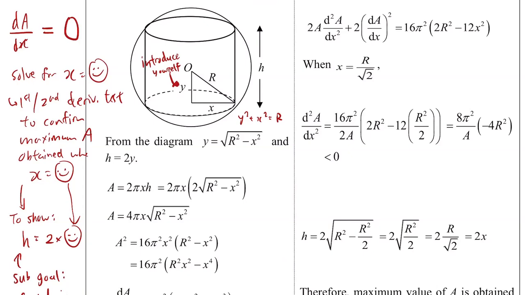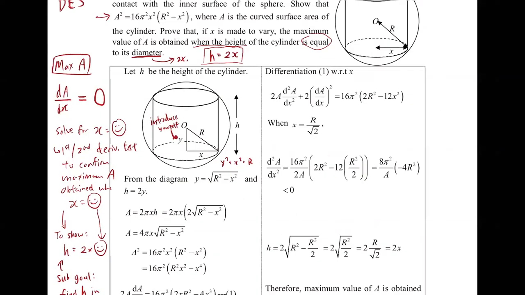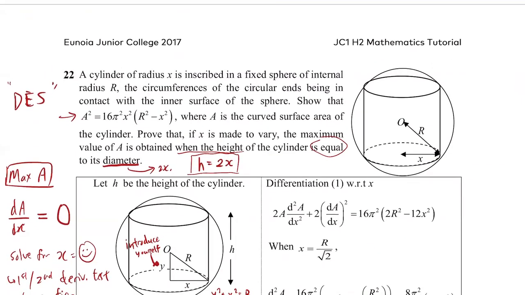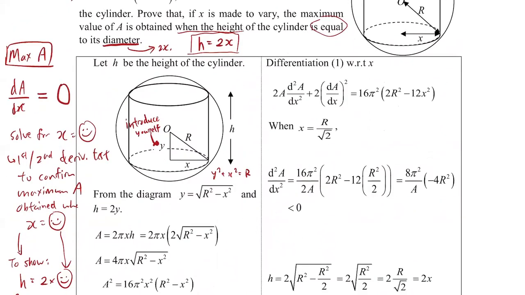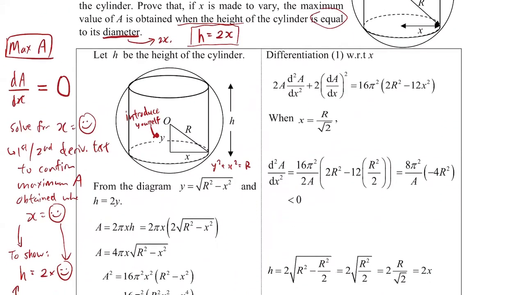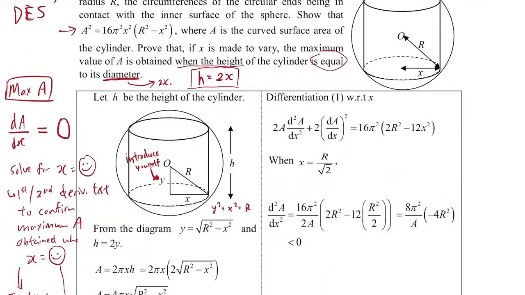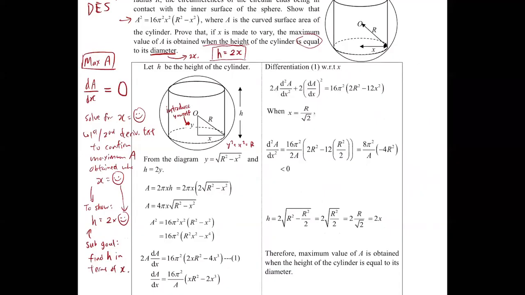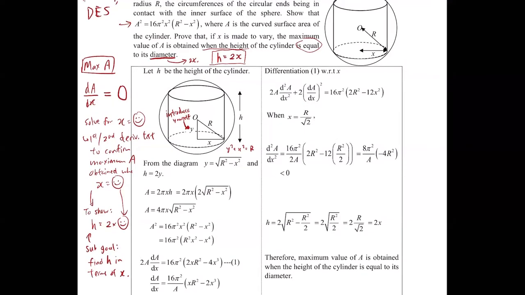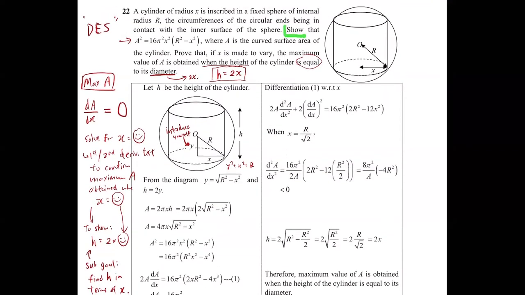So that means that in our expression for area, hold on, let me think. Okay, wait, I'm a bit confused. Oh, right, I forgot. There was a "show" word. I thought it was given. Sorry. You need to show that A squared equals this in terms of x squared. Right.